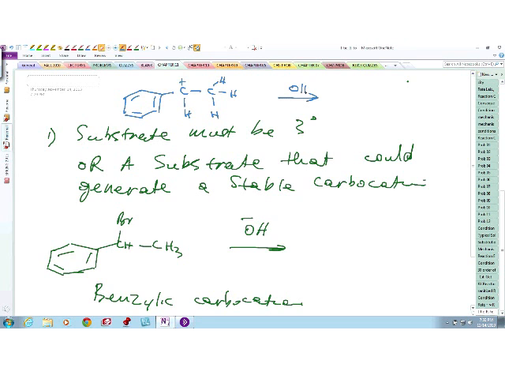Now the base will come in, grab this here, and then this here, and then you form the product. So this could be an E1 reaction mechanism, even though you are starting with a secondary substrate.